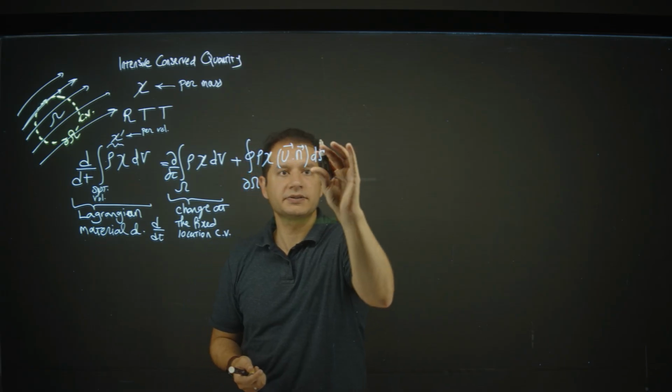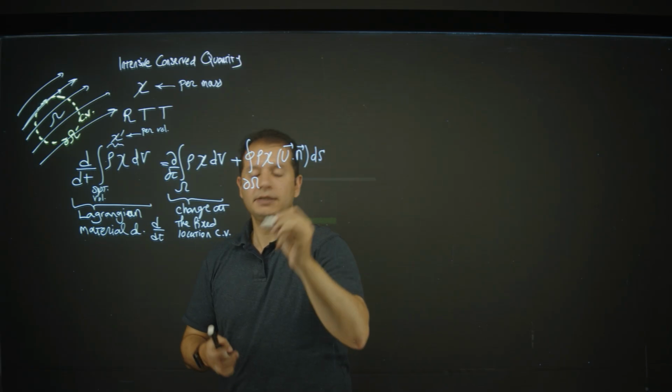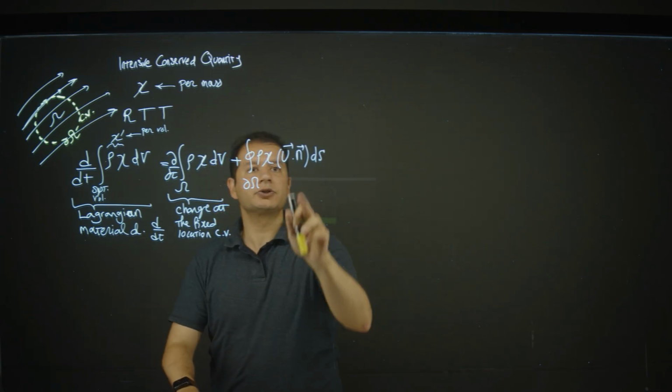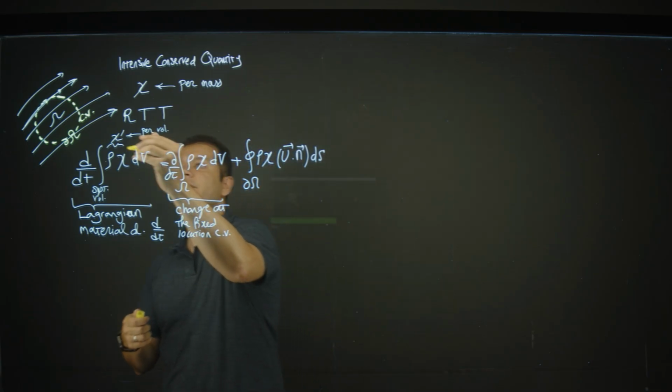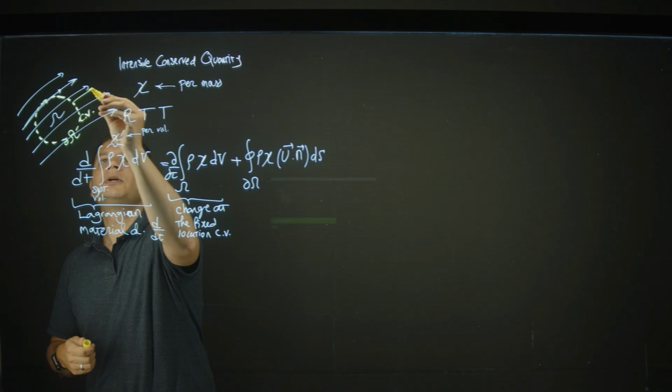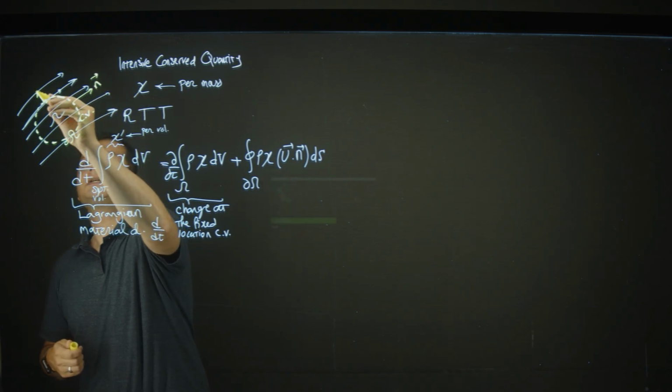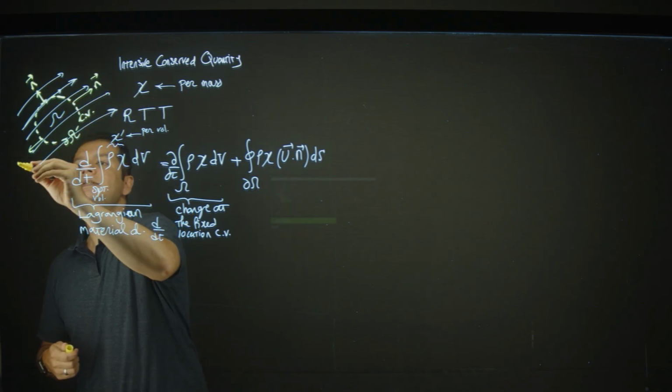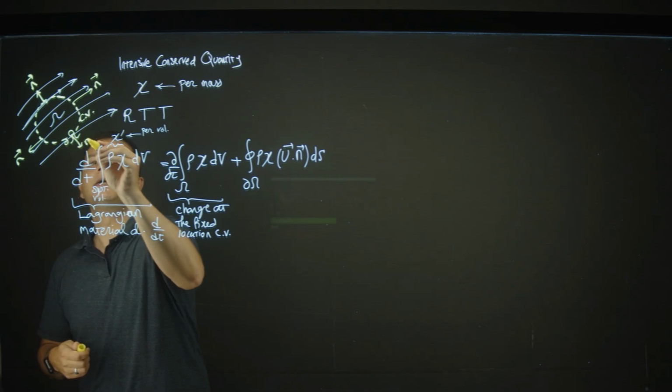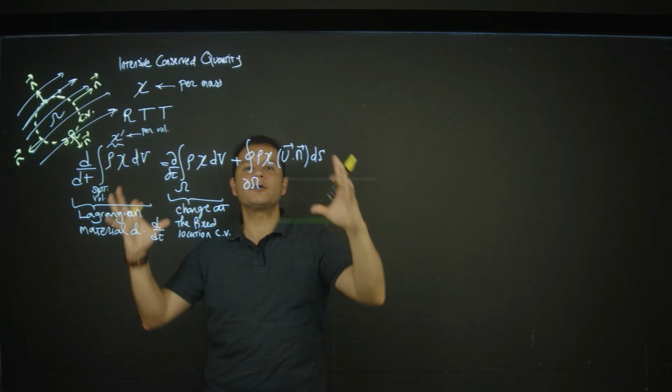This is the surface, and n is the normal vector to the surface of your control volume. So that is n, that is n, this is n, and this is n. So n is normal outward.